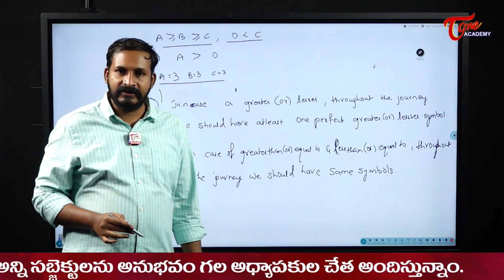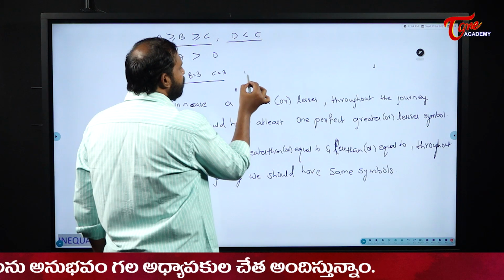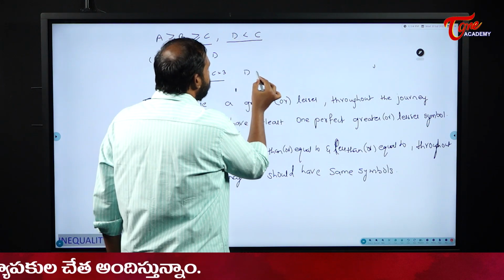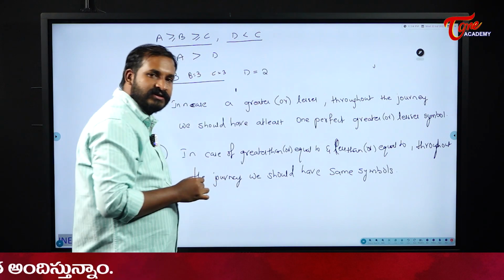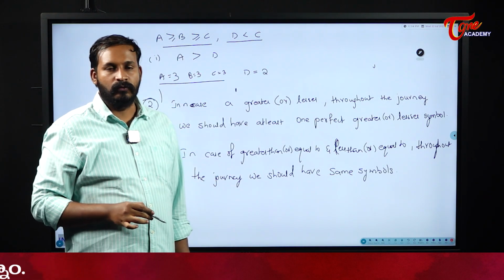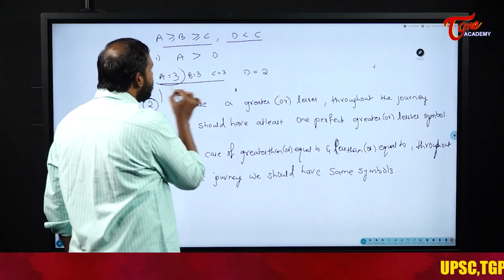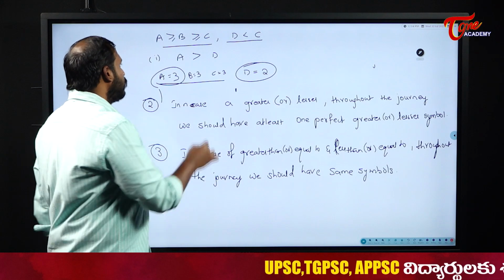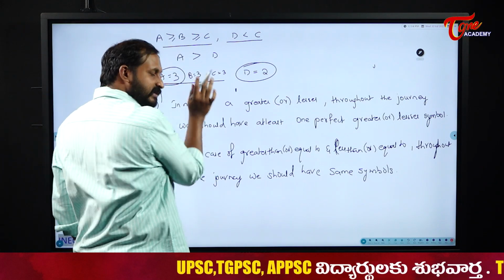Definitely less than C, so D values I should take from 2 and below: 2, 1, 0, minus 1, minus 2, whatever. So in the worst case also, the highest value I can take for D is 2. Now tell me, what is the relation between A and D? A is 3 and D is at most 2. So this is correct.